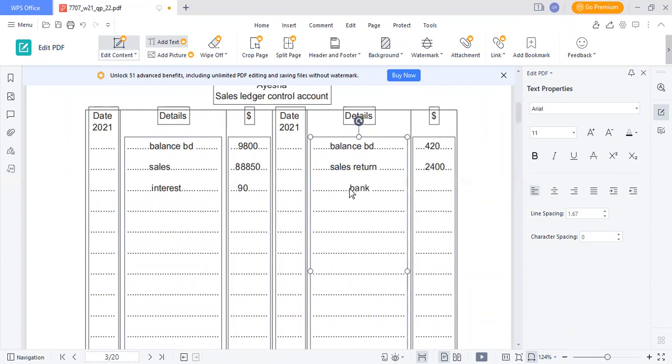We have payments from customers or bank, that is 8,100. We have bad debts or irrecoverable debts, that are 300. Then we have contra, that is 2,920. We have discount allowed, that is 900.